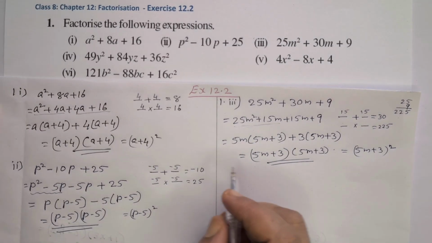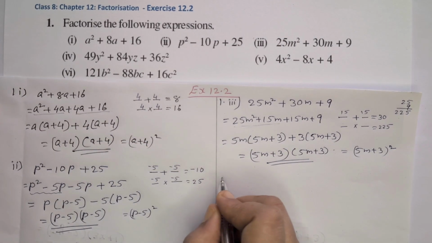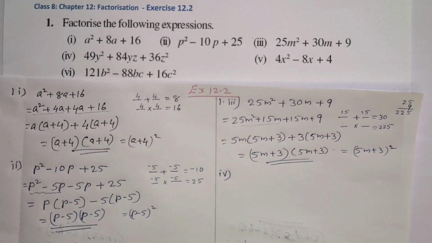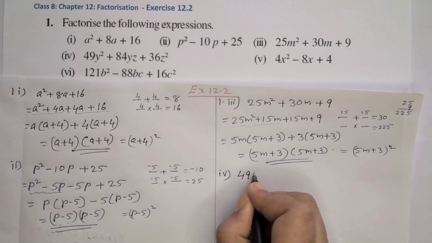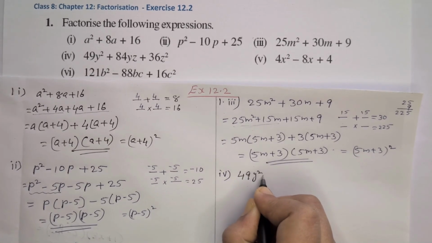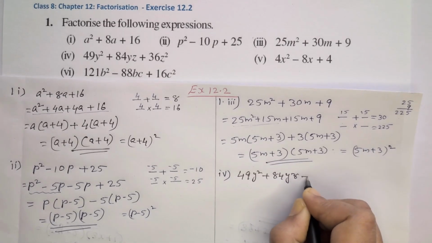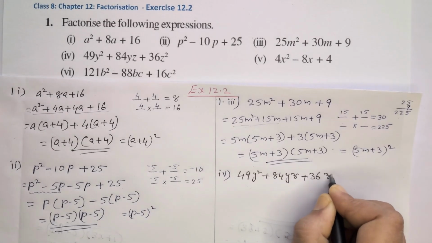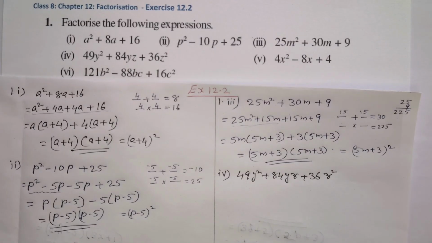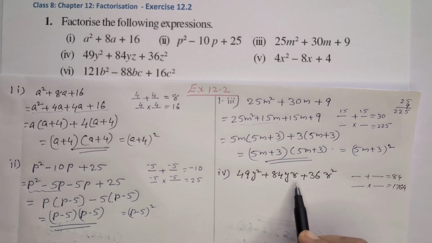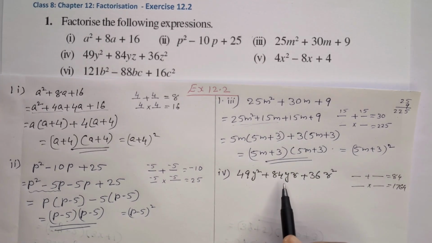Then the next one, fourth one, 49y square plus 84yz plus 36z square.